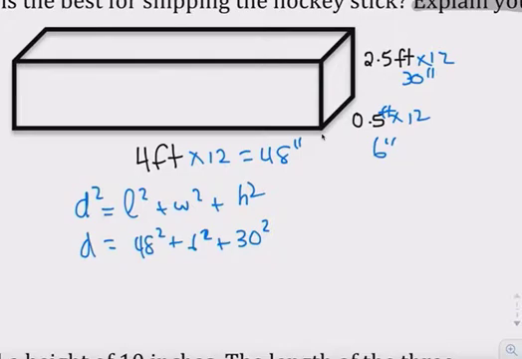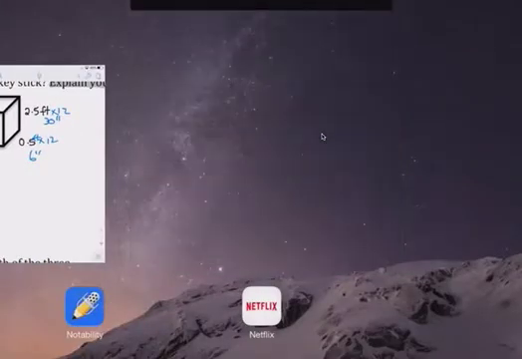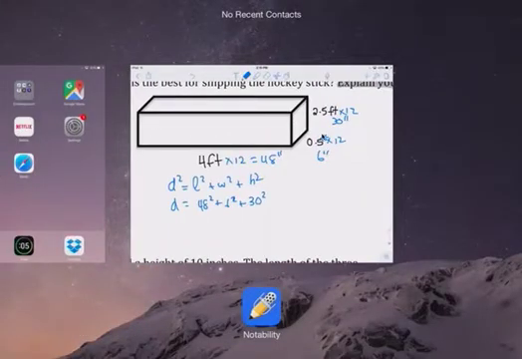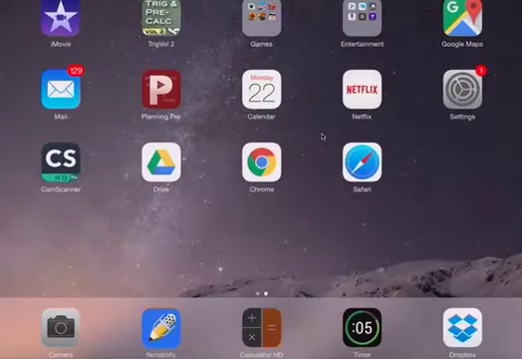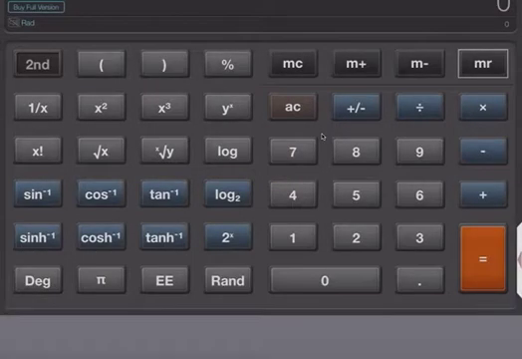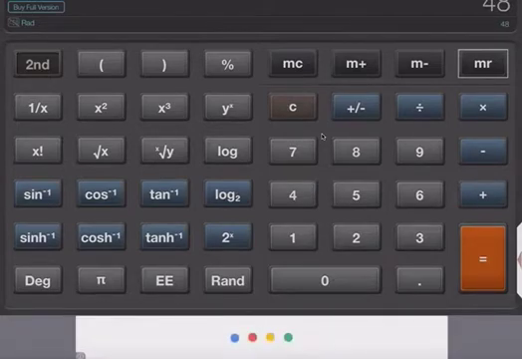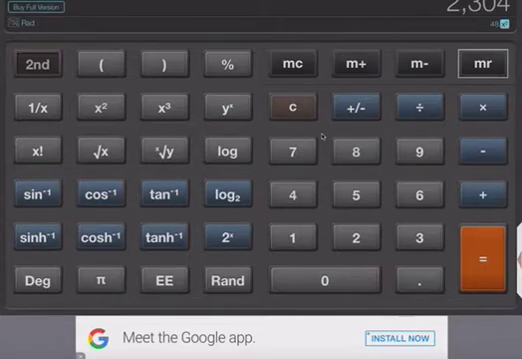If you want to know how to put that in a calculator, you do 48, there's the squared button, plus, you see up here, that tells you what you did.